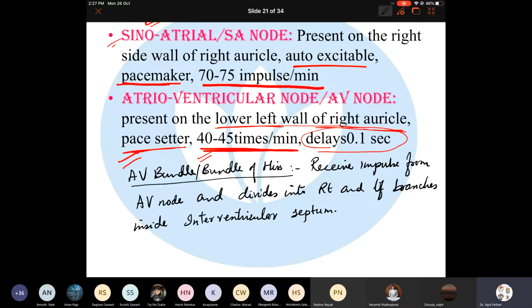Means it receives impulses from the AV node and divides into right and left branches inside the interventricular septum.